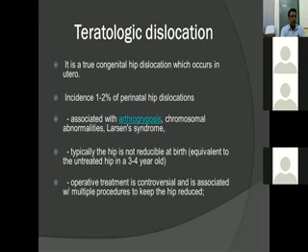A walking child will present with a short limb, toe walking, Galeazzi sign, and a positive Trendelenburg sign. In bilateral cases, they will have similar findings.